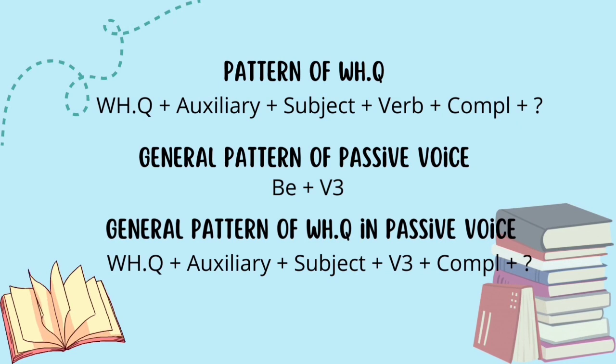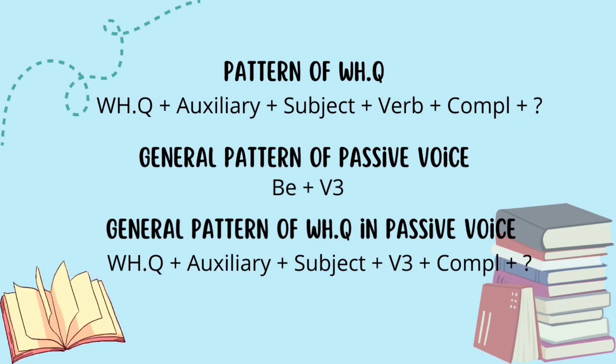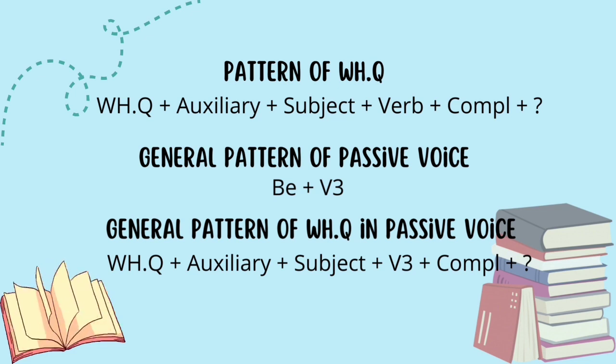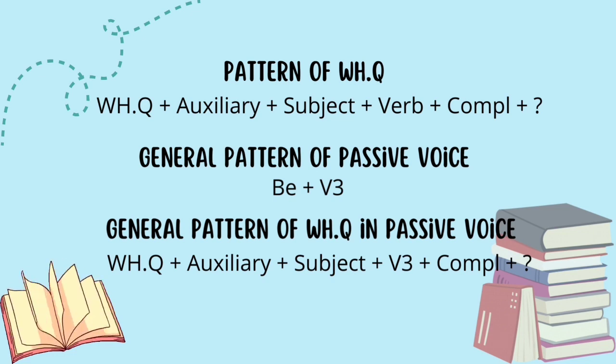First, we have to know the pattern of what-how questions. That is, what-how question word plus auxiliary plus subject plus verb plus complement plus question mark. That is important to remember later. And we have to remember again the general pattern of passive voice, be plus verb 3.